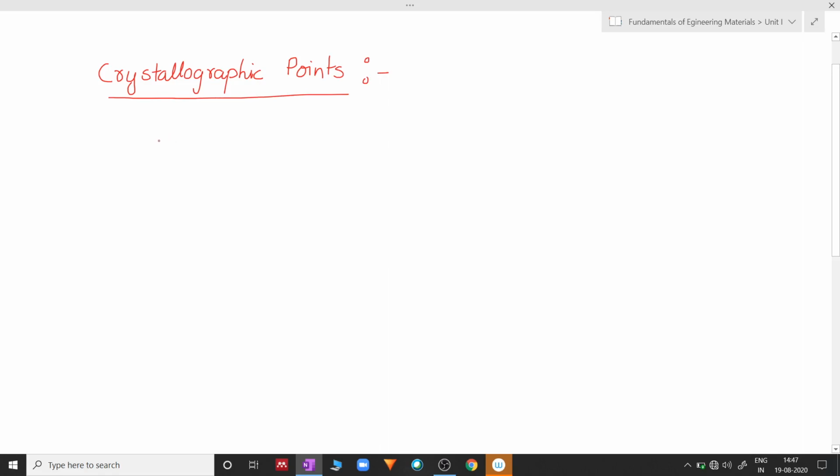So let us try to understand first with some examples, then how to represent these crystallographic points, then I will define these things.